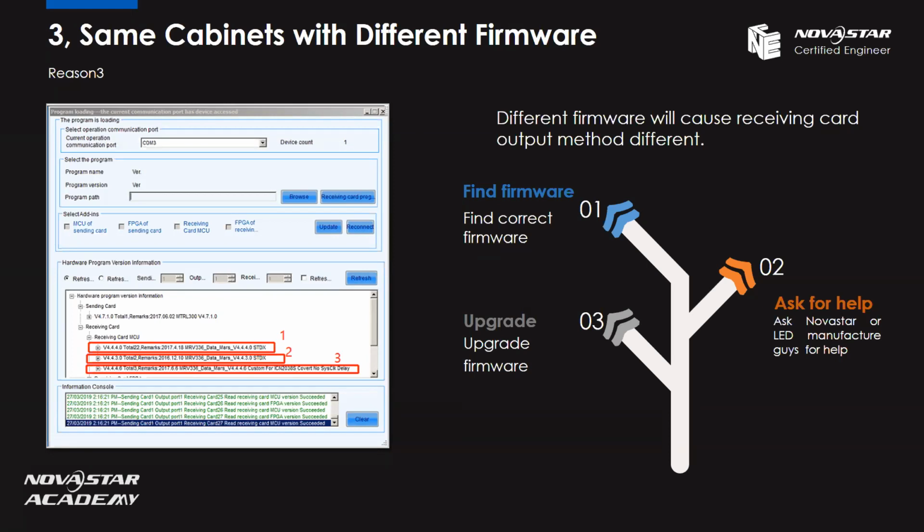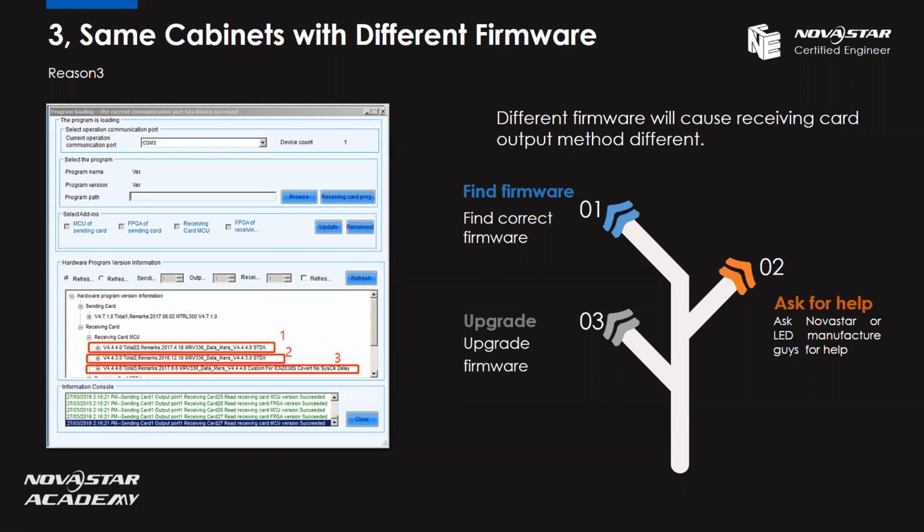You can check with your screen supplier or NovaStar service, and we can try to help you find the corresponding firmware version, especially if it's a customized firmware. We can also help you to find it. And then you just need to upgrade the correct firmware to the receiving cards which have different brightness. Then confirm all the receiving cards work with the same firmware and it will be okay.